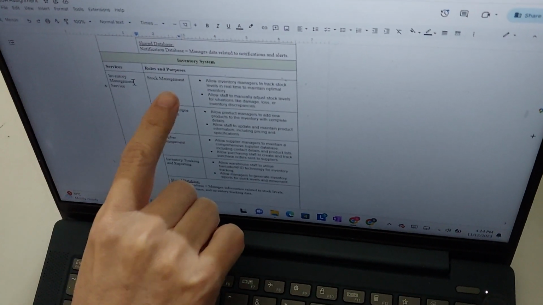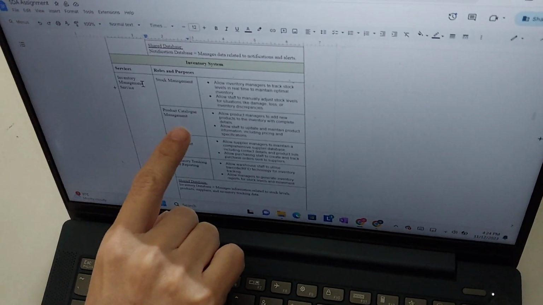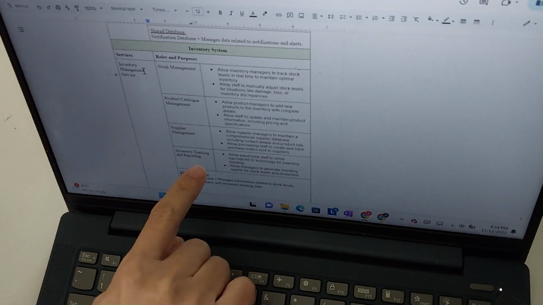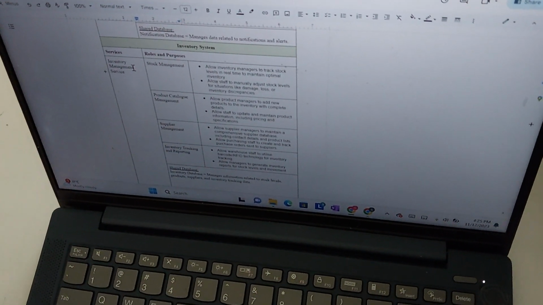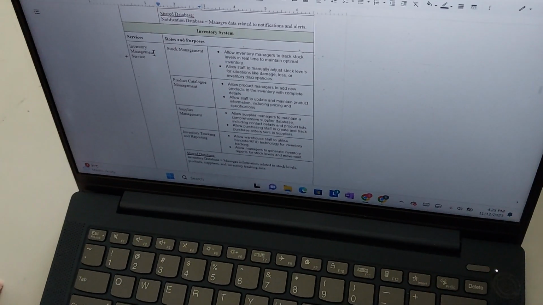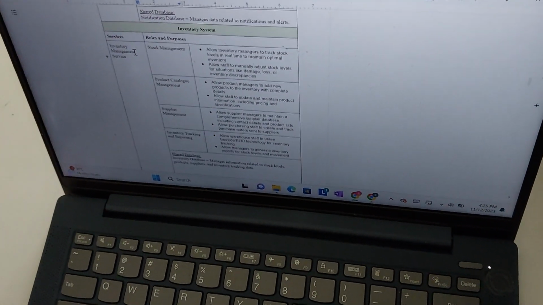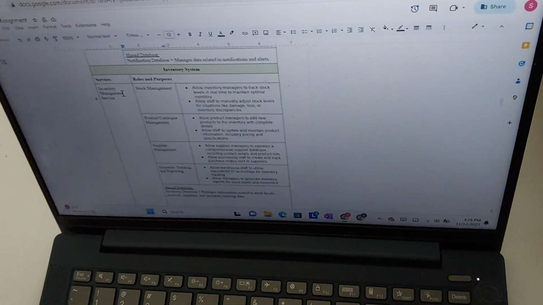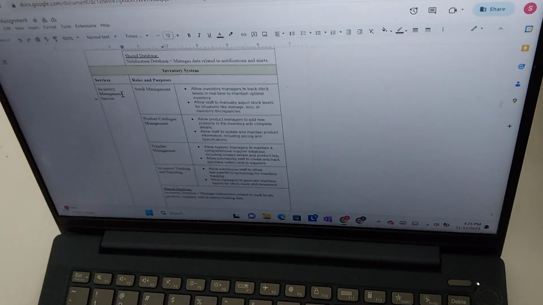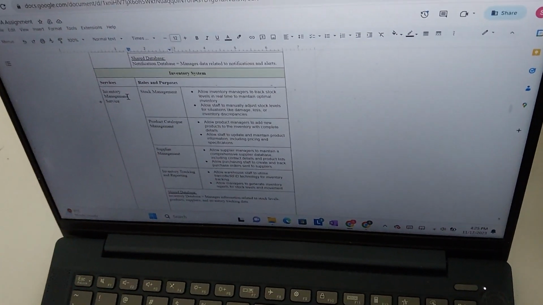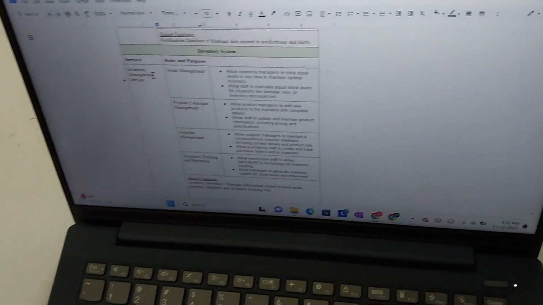Let's say you have manage stock, manage product catalog, manage supplier, track inventory. So we need to have a big use case diagram for the whole sales system, then after that we need to draw more detailed use cases.